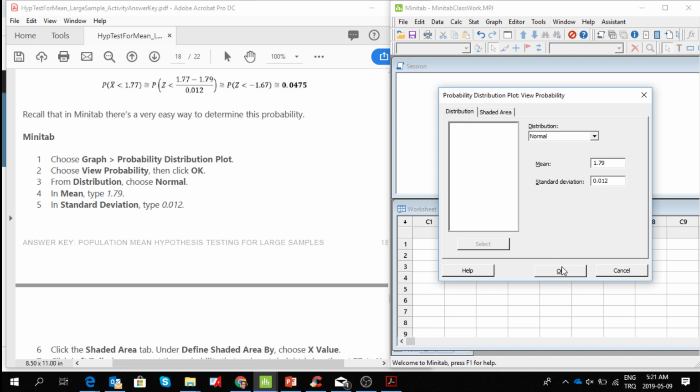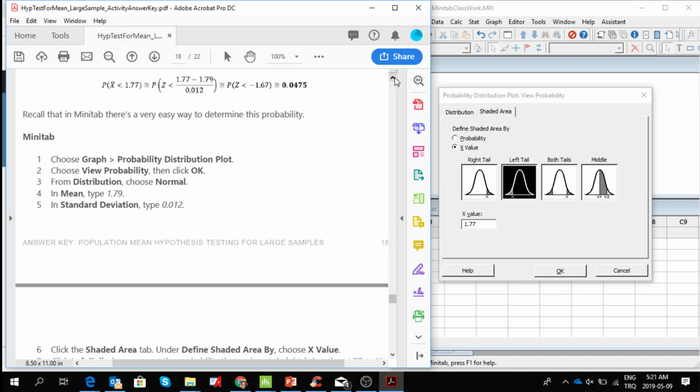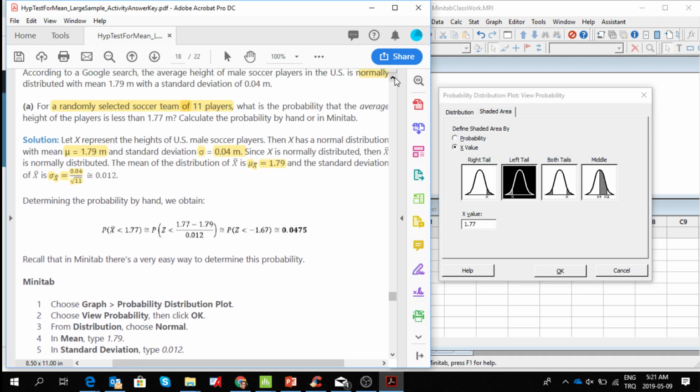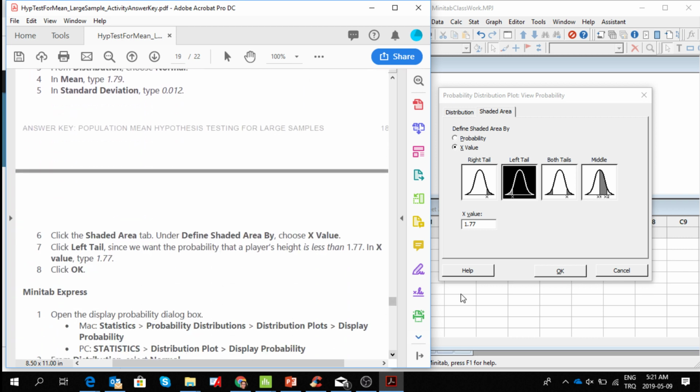We are also going to select the shaded area. In the shaded area we have a probability option and an X option, so we are going to choose the X option. If you look at the question, we are interested in X bar less than 1.77, so this is the left tail, and we have to choose the left tail according to that.